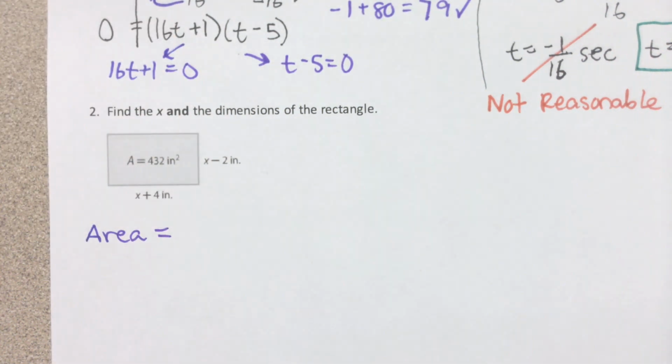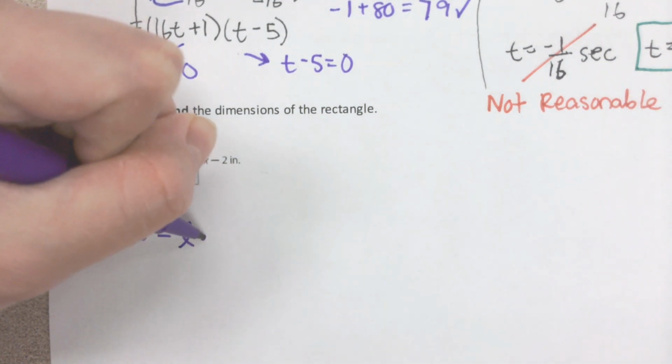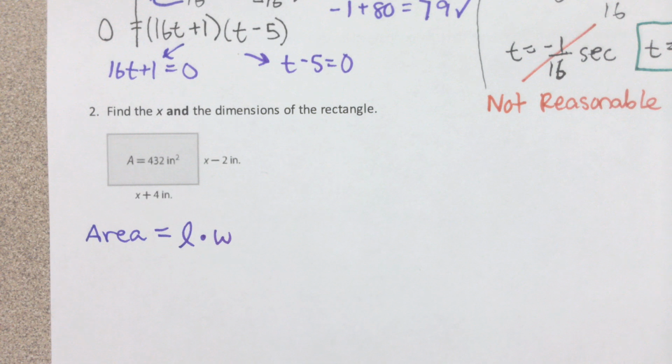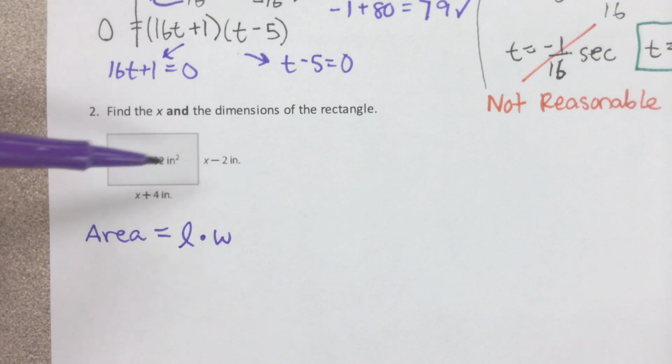How do you find the area of a rectangle? Length times width. Which are the 2 sides they gave us.